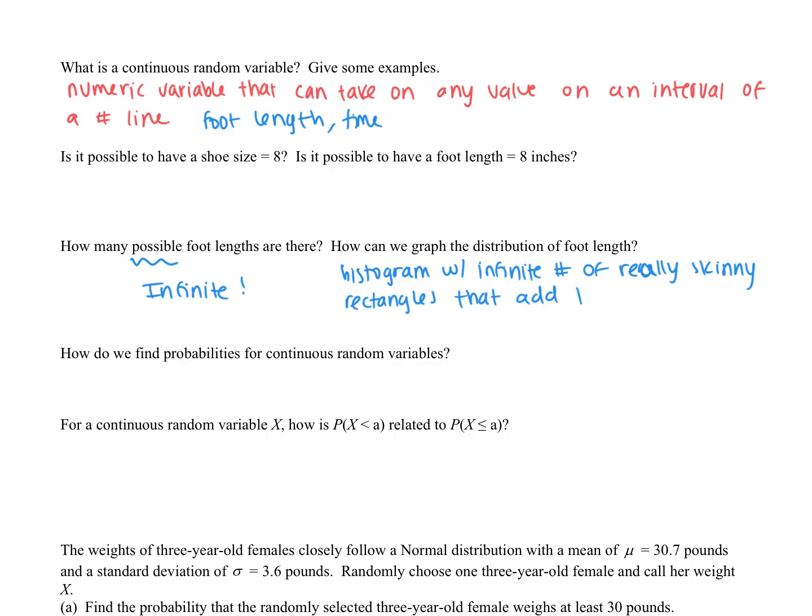So if we picture taking a histogram, like maybe the one you saw in the video, and making those rectangles significantly narrower, what would that do? It's going to look like a curve. And we've seen this term before, it's called a density curve. So it's going to be a curve rather than the rectangles on a histogram. So in this case, when we find a probability, we don't have a table where we can add up numbers. So instead what we are looking at is area.